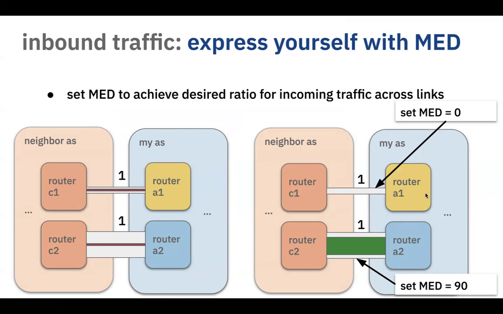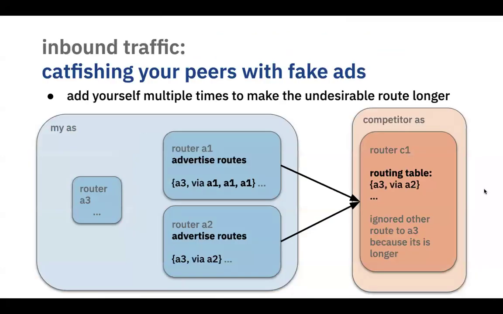However, this requires our neighbors to respect the MED value, which is not always respected. So if we want to get our neighbors to choose certain routes, and they do not respect the MED, we can manipulate our advertisements by appending dummies in between the routes, so the path length appears longer.